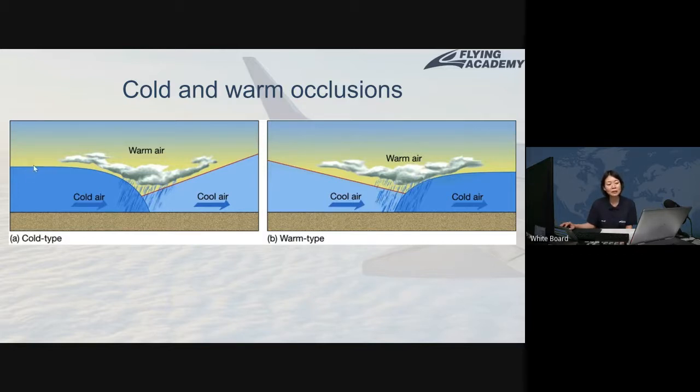Most things are the same, but it just depends on where the precipitation happens. Once the cold air comes in, it just sneaks in, and then the warm air in front of it is going to be uplifted. So in front of the cold air and just right behind the warm front, the precipitation is going to happen. But in this one, the warm air is going to be lofting as well, right?